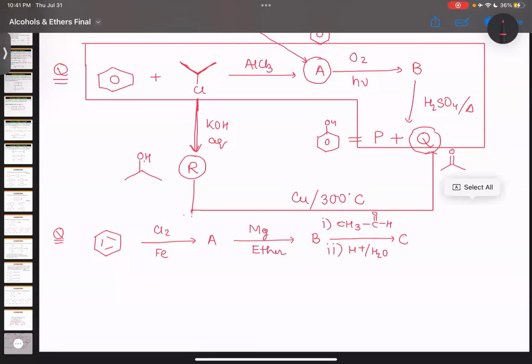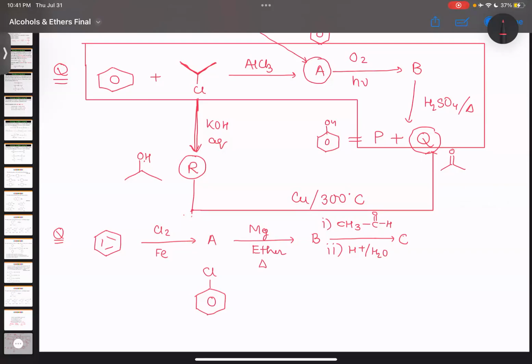So we have benzene with chlorine, chlorobenzene, exactly. And then in the presence of Mg and ether. Ether is just the solvent to mix.